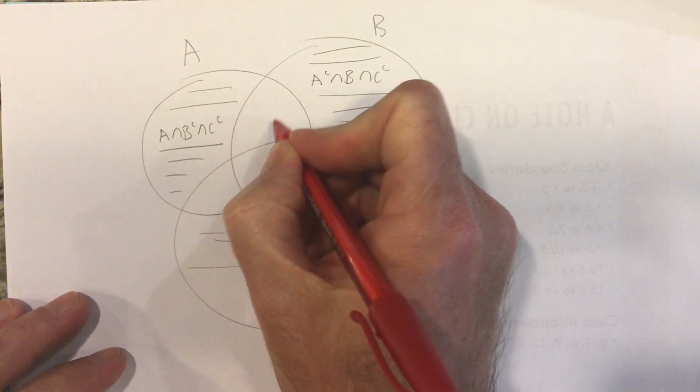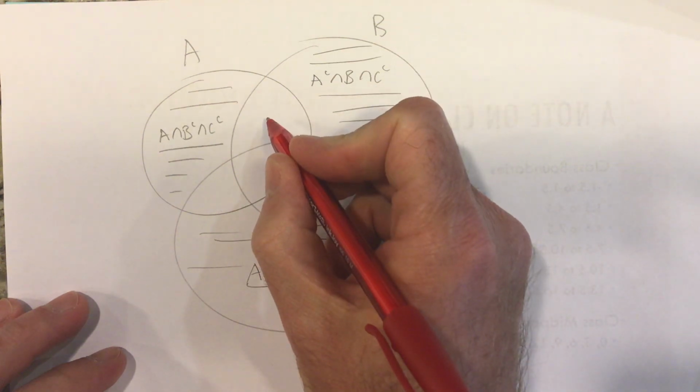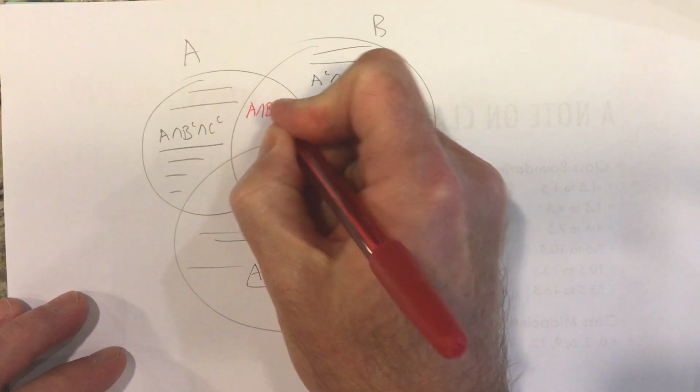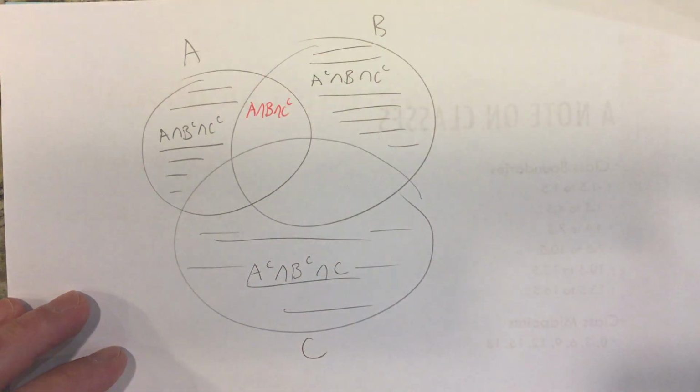Now, this section here, notice I'm in A and B, but I'm outside of C. So this would be A intersect B intersect C complement. Remember, complement means it's not happening.